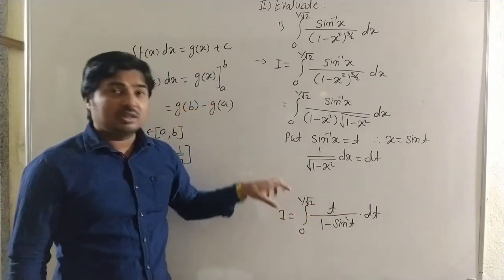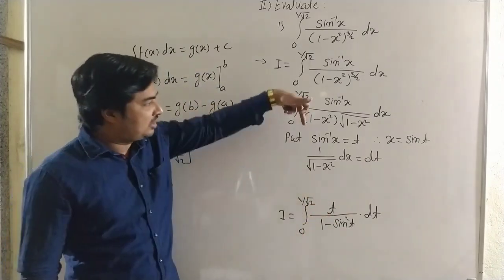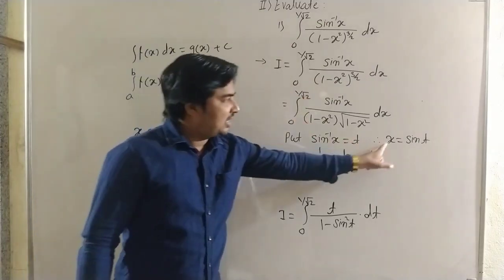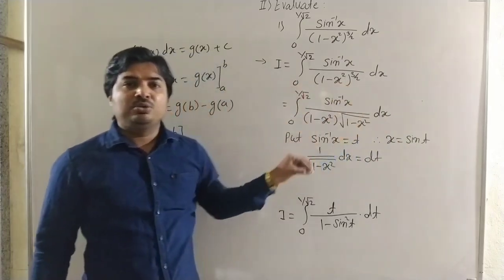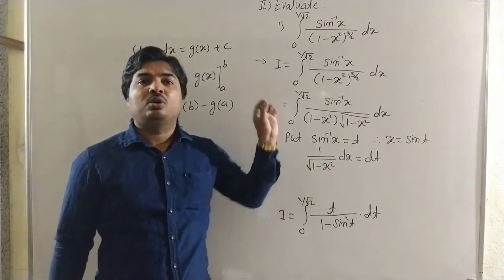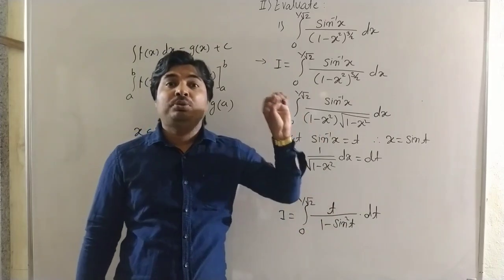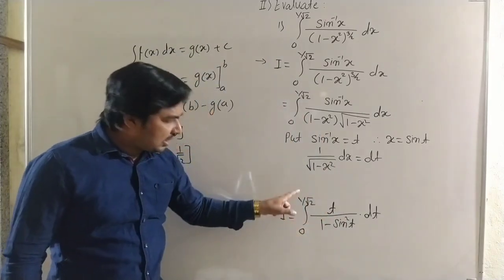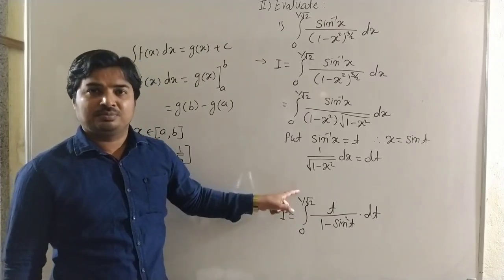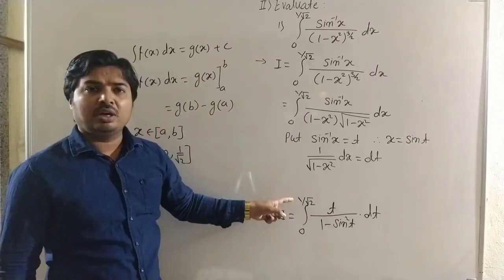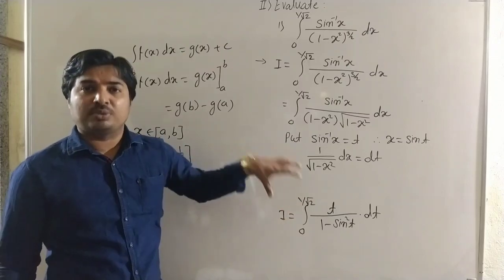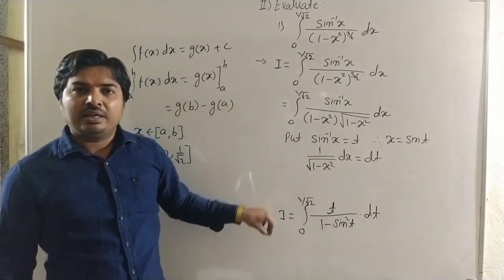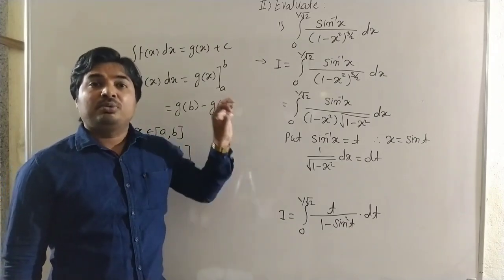So here we can write the values of t by using this substitution. When sin inverse x is equal to t, then x is equal to sin t. By using the values of x, we first want to find the values of t. Here the function is in t, so we cannot write the limits of x. The values of x are 0 and 1 by root 2, but the function is in t, so we write the values of t.